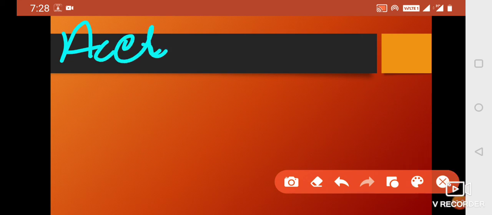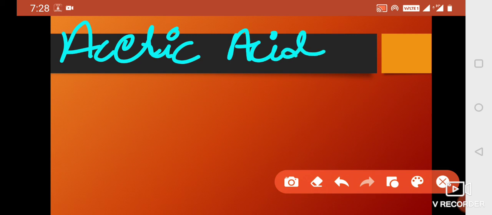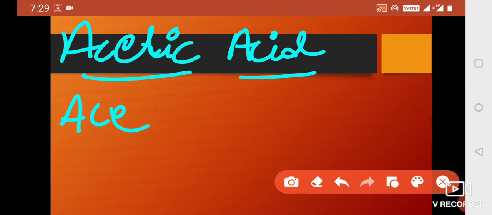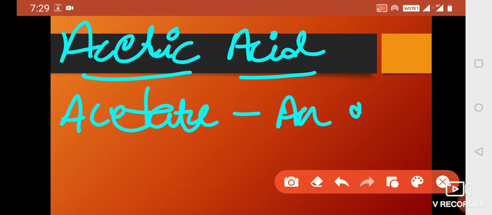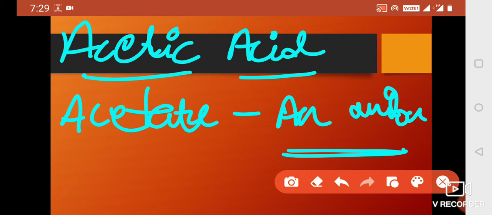Now we will talk about acetic acid. What is the case in acetic acid? We will use acetate, the anion, in acetic acid because the name suggests that.